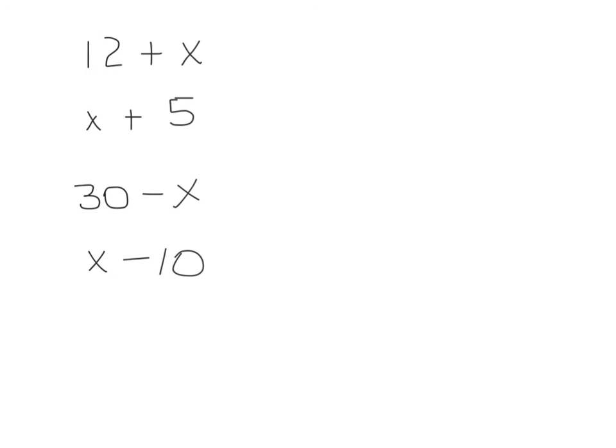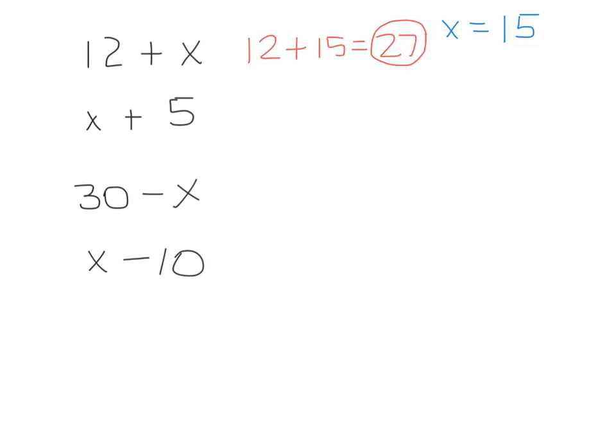Find the value of each of these algebraic expressions when the value of x is equal to 15. Pause the video. On the first one, we would take 12, replace x with 15, and get an evaluated expression of 27.